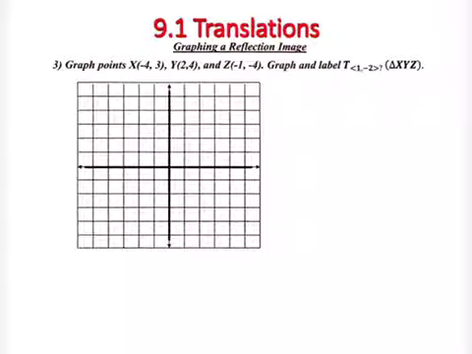All right, example 3. This time they want us to graph the coordinates for X, Y, and Z, and then do the translation of 1, negative 2. So X is negative 4, 3. Y is 2, 4. And Z is negative 1, negative 4.